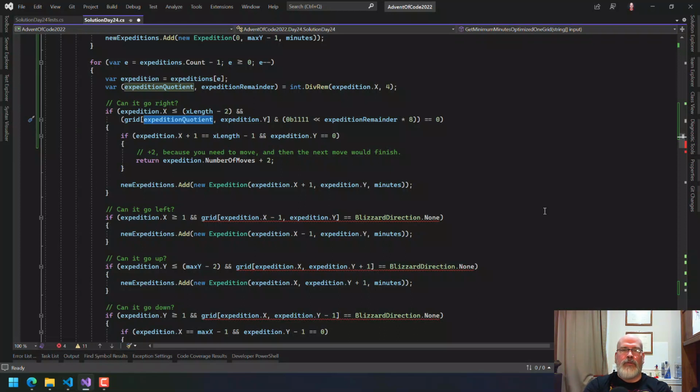So your quotient was 4, your remainder was 3. That means you were 16 plus 3, you're at 19. 20 is going to push you over. So what you need to do is look at the correct spot.